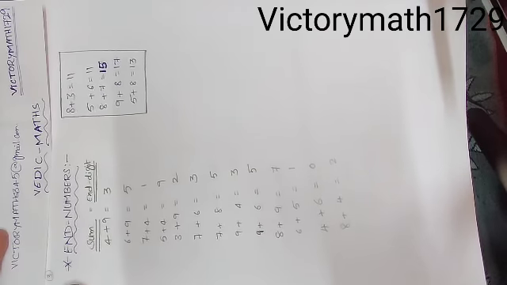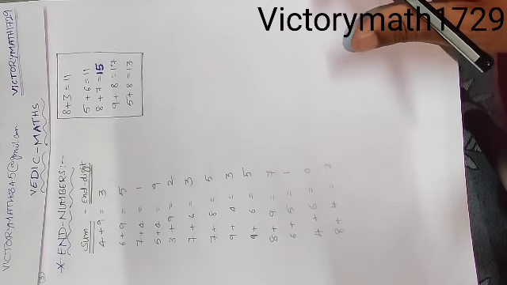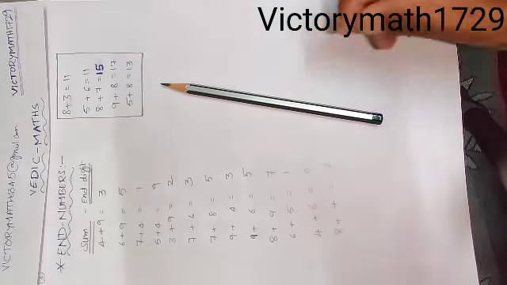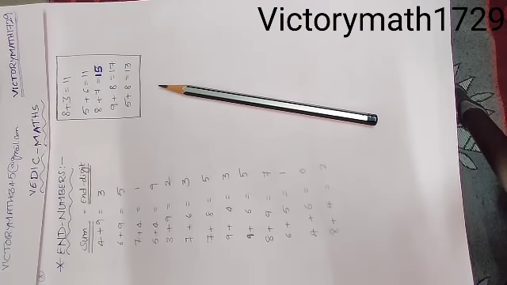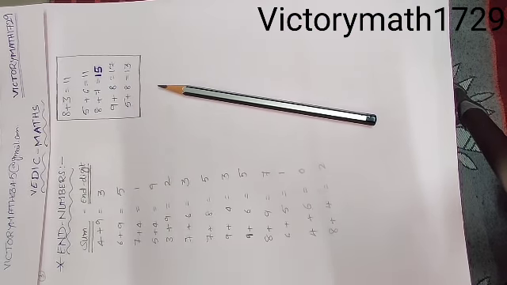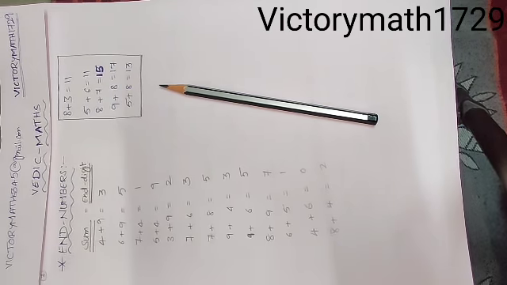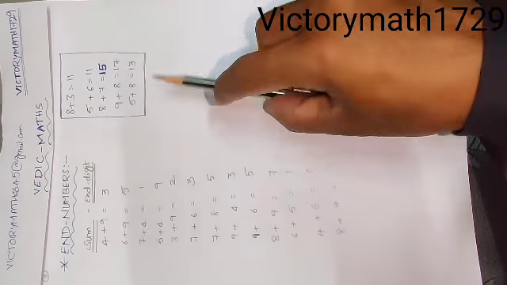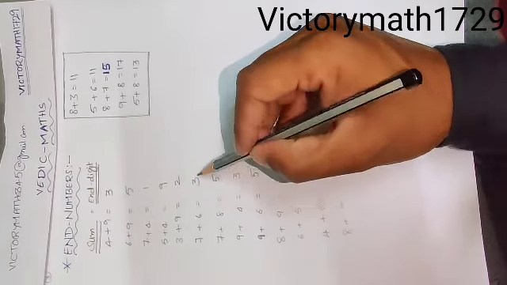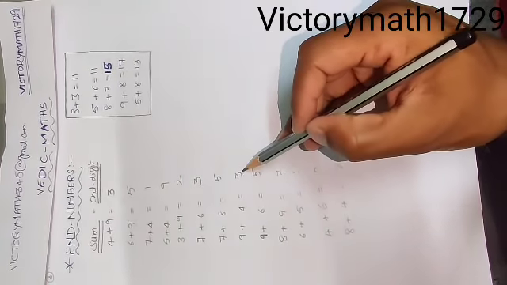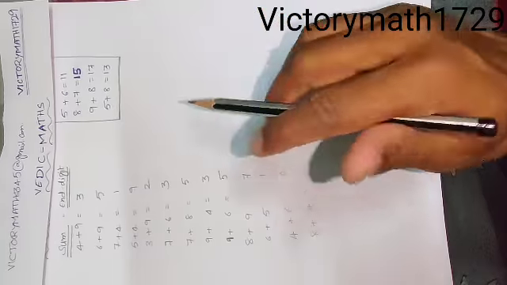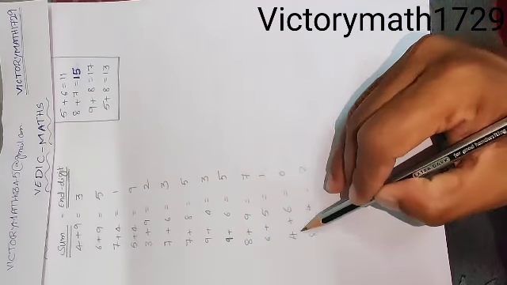Next, end numbers. Here the sum of two digits gives one number, so we need to remember only the end digit of the number. Let us say the first one, 4 plus 9 gives 13, but we need to remember only 3. 6 plus 9 is 5, 7 plus 4 is 1, 5 plus 4 is 9, 3 plus 9 is 2, 7 plus 6 is 3, 7 plus 8 is 5, 9 plus 4 is 3, 9 plus 6 is 5, 8 plus 9 is 7, 6 plus 5 is 1, 4 plus 6 is 0.